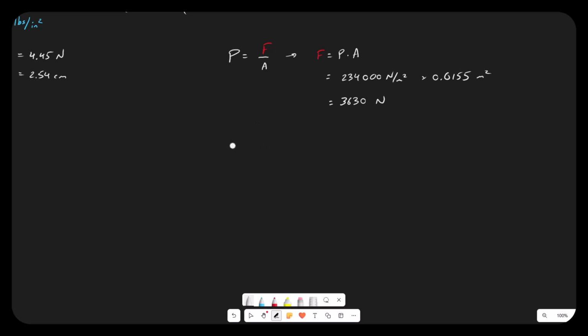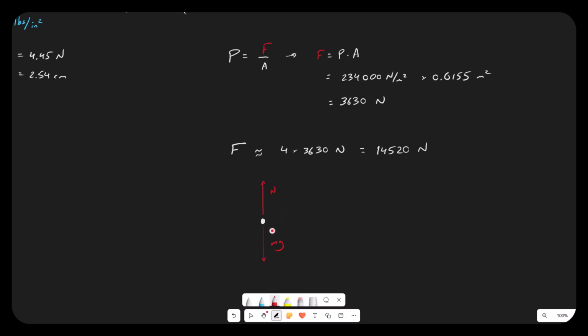Then the total force might work out to be, let's do approximately equal, 4 times 3630 newtons. That total force is 14,520. I've got an mg going down, I've got a normal force going up.